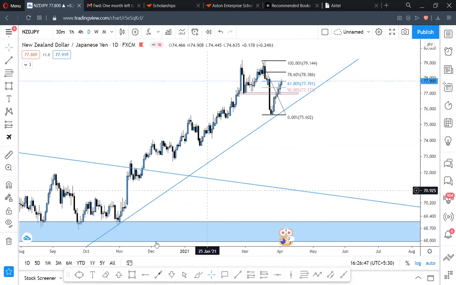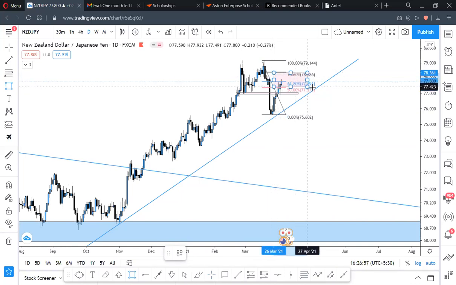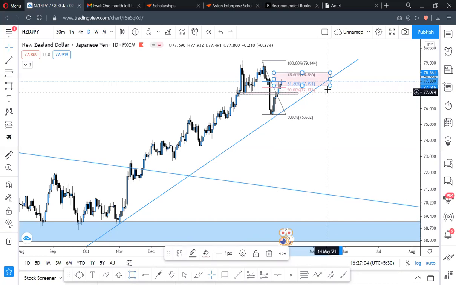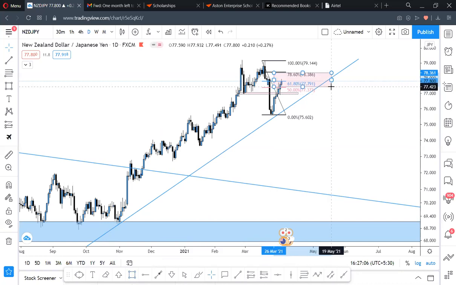62 and 70 are the best. Well, I've been using this, but 50 is called equilibrium. Okay, then we'll draw it as such. Not 78, 70.